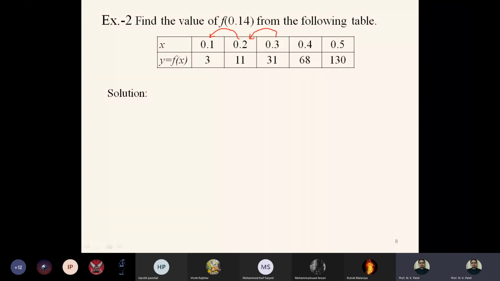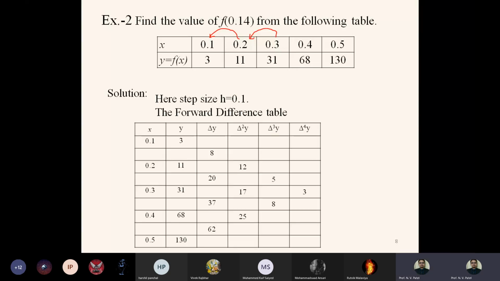Y values are 3, 11, 31, 68 and 130. So let's calculate our 0.14. So first of all, we require our forward difference table. So draw this forward difference table. First two columns, the values of x and y, then calculate delta y, delta square y, delta cube y, and delta raised to 4 y.